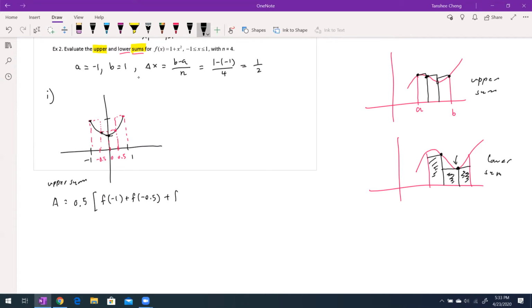And the third rectangle and the fourth rectangle are using the right end point to make it overestimating. So that will be these. And when you evaluate this, this will be equal to 3.25. I got the exact value. So that for sure is an overestimate of the original area that we have. Are we good?